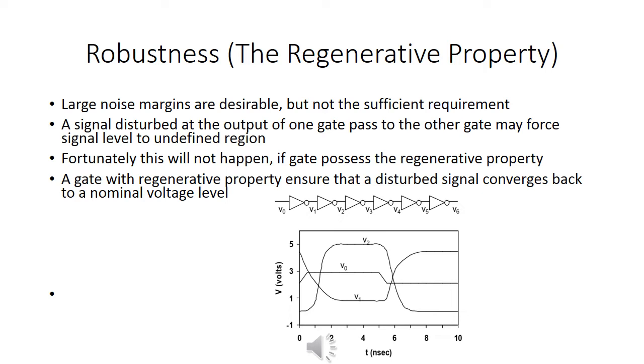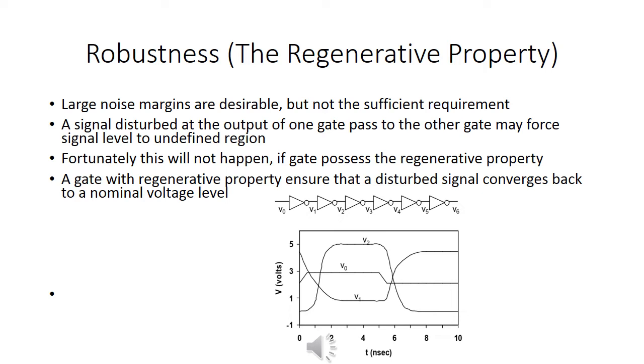This fortunately does not happen if the gate possesses the regenerative property, which ensures that a disturbed signal gradually converges back to one of the nominal voltage levels after passing through a number of logical stages. This property can be illustrated with the help of the given figure. For example, an input voltage is applied to a chain of inverters.